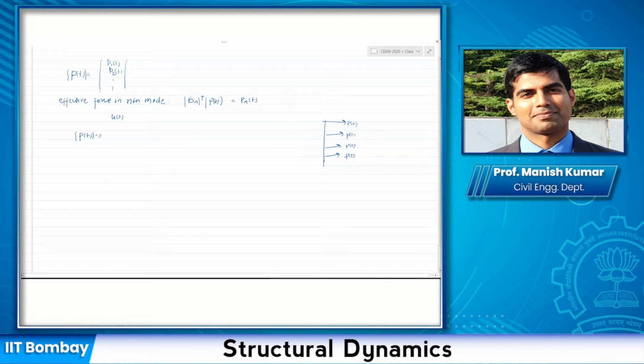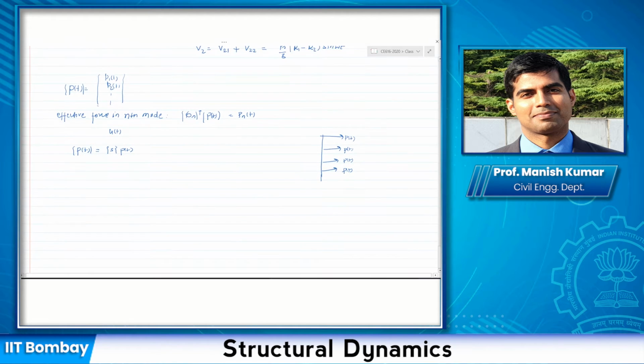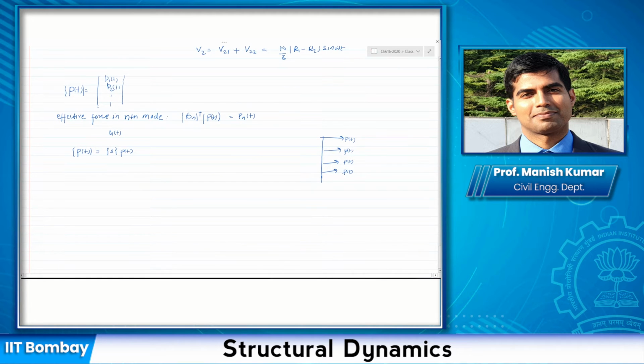Then I can write my force vector P as a vector that represents the spatial distribution of that force times the same time variation p(t). I'm writing it like that because it will later help me in the analysis and interpretation of the result, and we will see how we get the distribution.